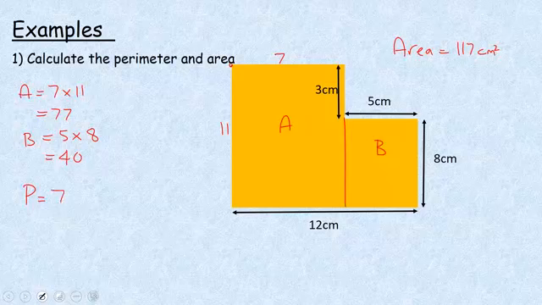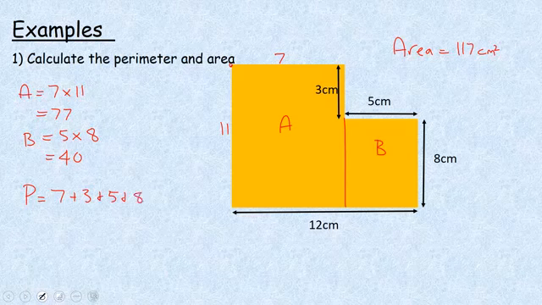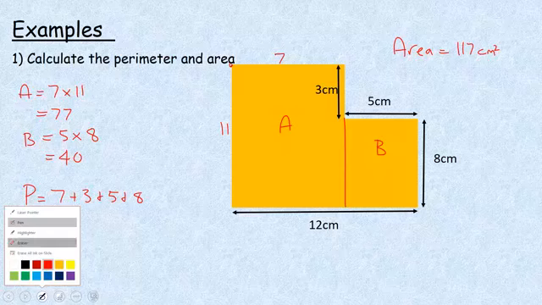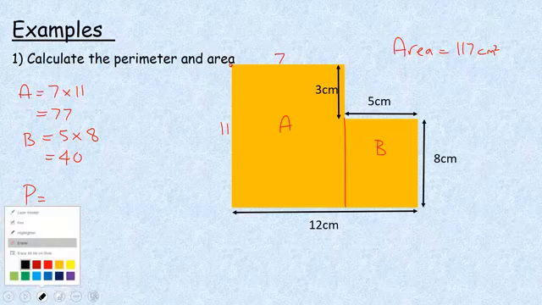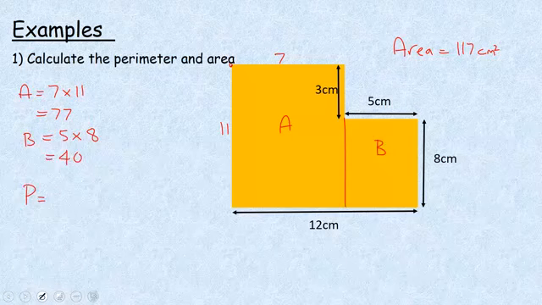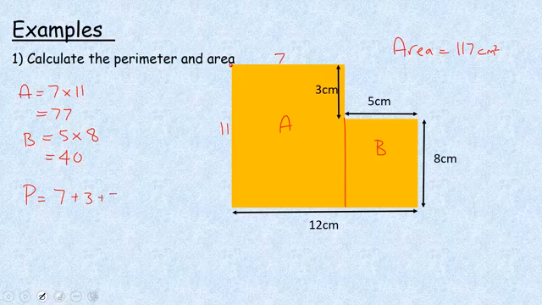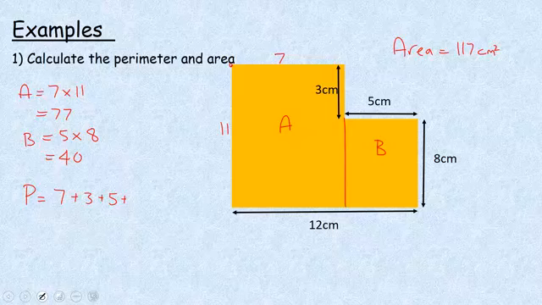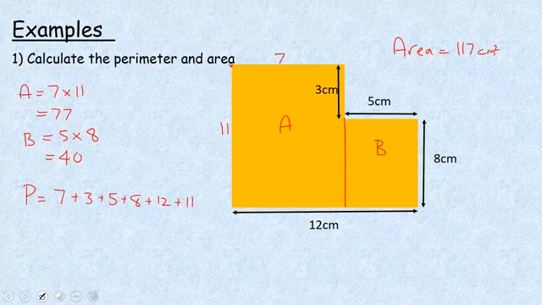So my perimeter, we'll start here. So we're going to go 7 plus 3 plus 5 plus 8. Just do that again, it's a bit hard to read, I think. Okay, so we've got 7 plus 3 plus 5 plus 8 plus 12 plus 11.